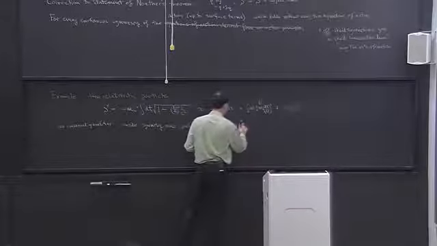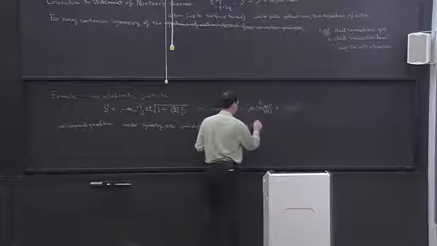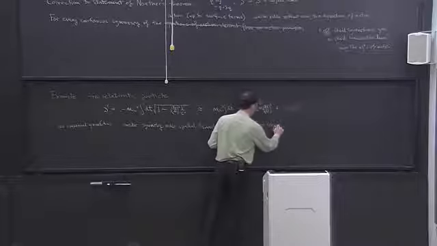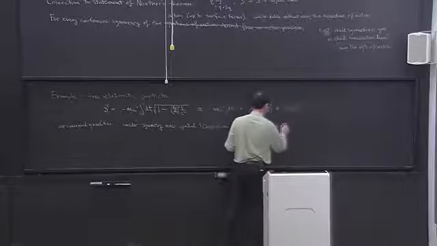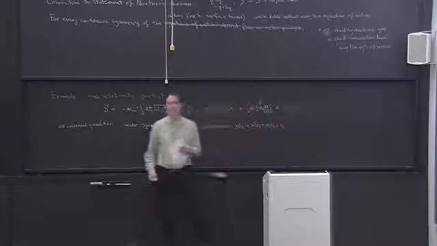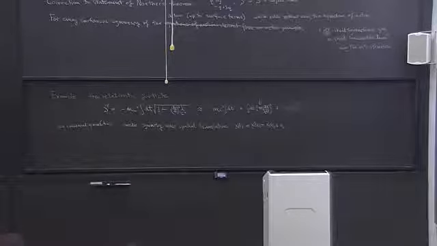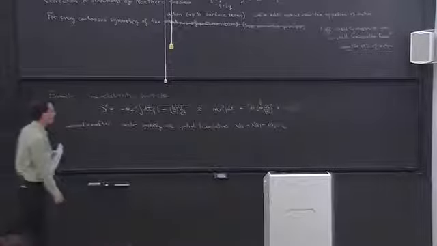So x of t goes to x'(t), which is equal to x(t) plus epsilon, where epsilon is any constant 3-vector, independent of time.